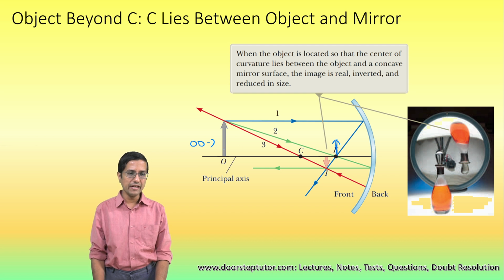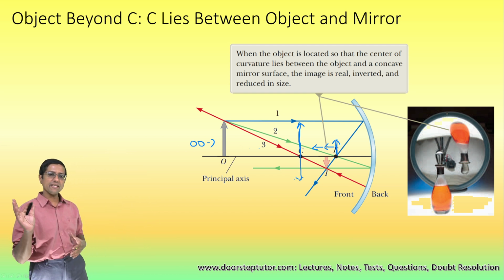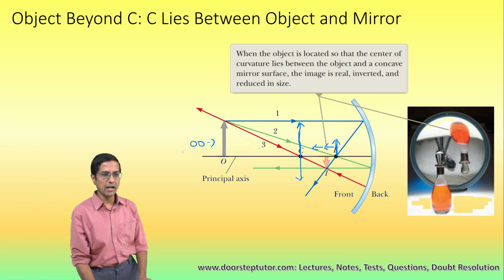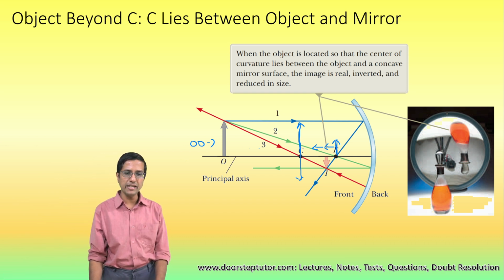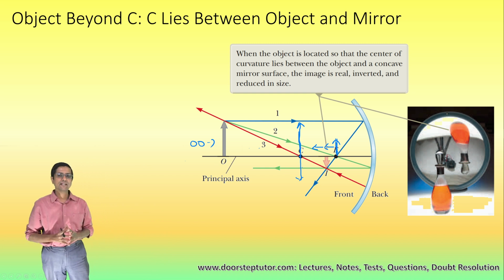As I take the object closer and closer, the image moves in this direction, and when the object reaches C, the image is actually formed at C itself. So as I bring the object from infinity to C, the image moves from focus to C, and when the object is at C, both the image and the object reach C. That is what is happening here.